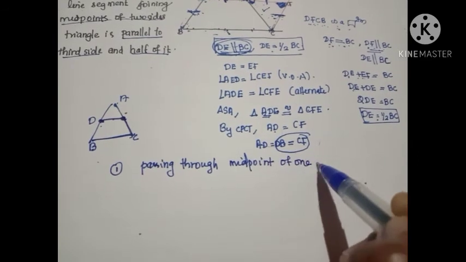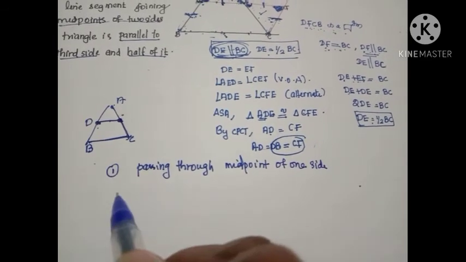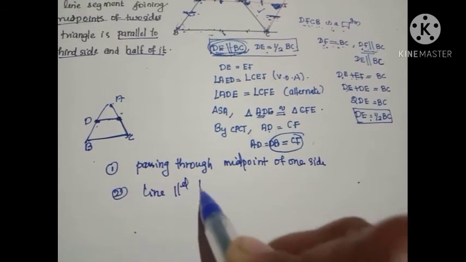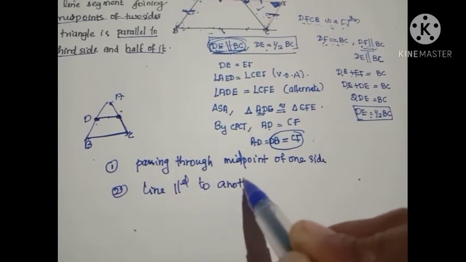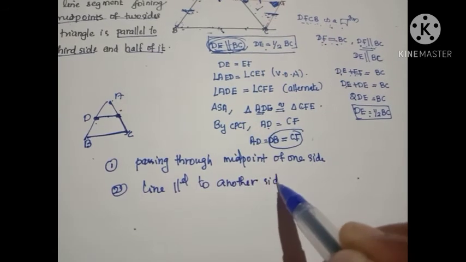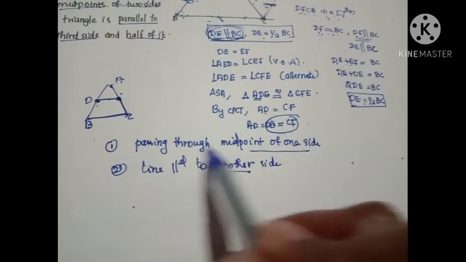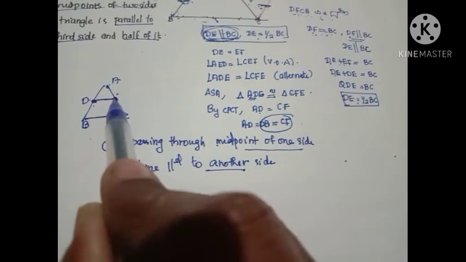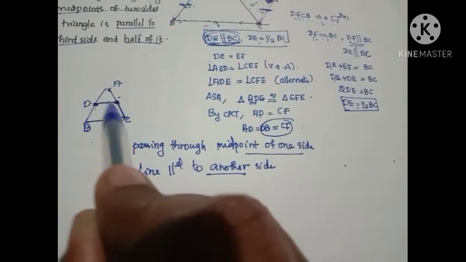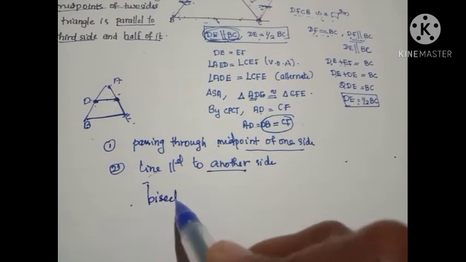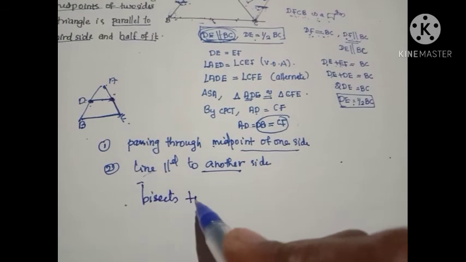Passing through the midpoint of one side. And this line is parallel to another side. So we consider two sides. So definitely this line, passing through this midpoint, bisects the third side. Bisects means divides it into two parts.